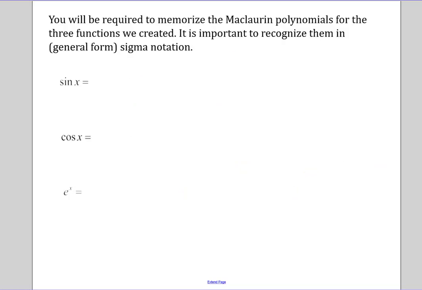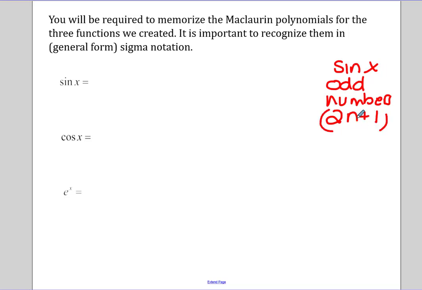And like I said, for the rest of the unit, we'll be required to memorize these polynomials, and we should be able to recognize their general form using sigma notation. So first we said that sine alternates on odd numbers. And odd numbers can be written as 2n plus 1.